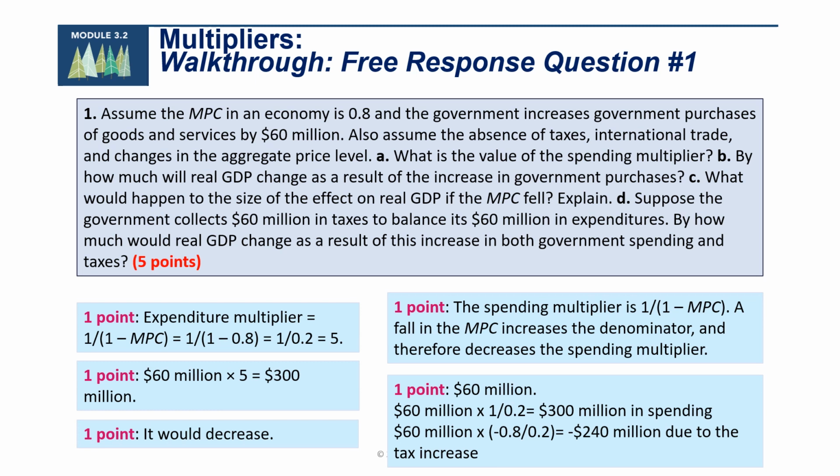But then if the government takes out of the economy 60 million in taxes, now here's where we need what's called the tax multiplier. This answer says 60 million times 0.8 over 0.2. That's the tax multiplier, right? Now what do we mean by the tax multiplier?